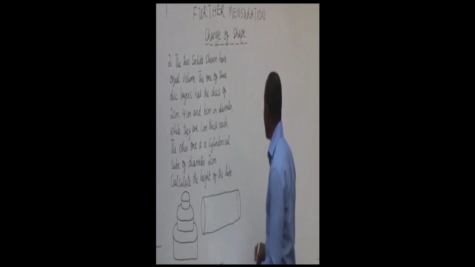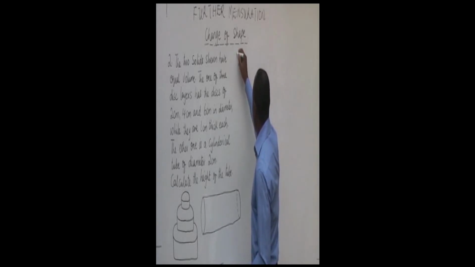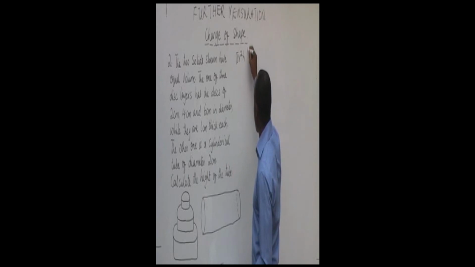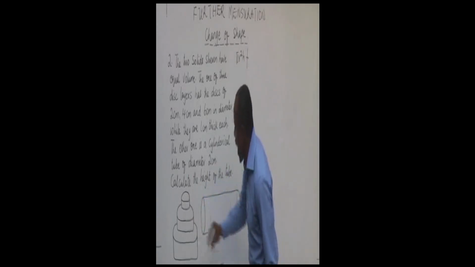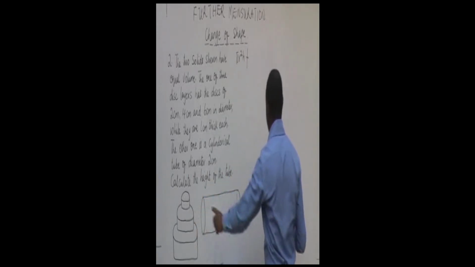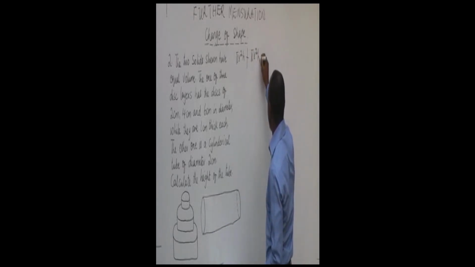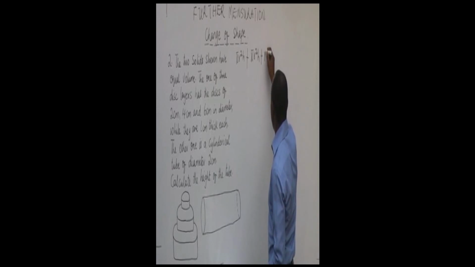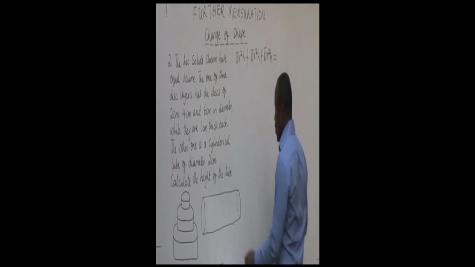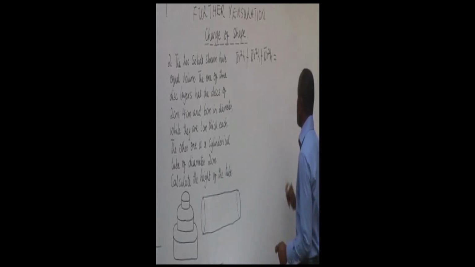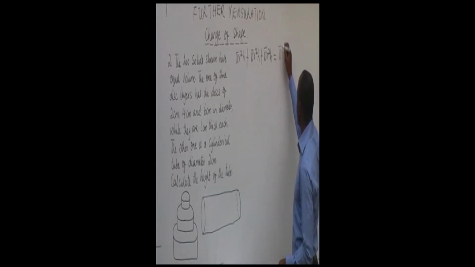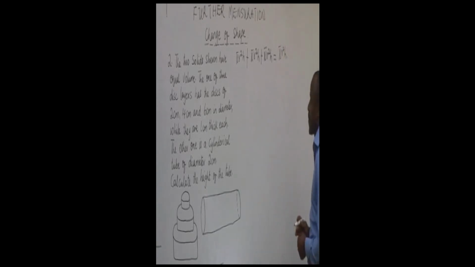That means we're going to have pi r squared h for the first one in that solid, plus another pi r squared h, plus the third pi r squared h, is equal to pi r squared h of the cylinder. It's a very simple thing.